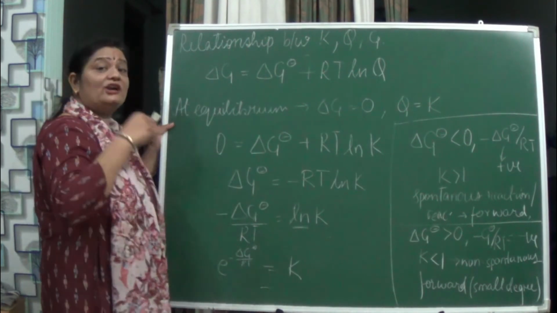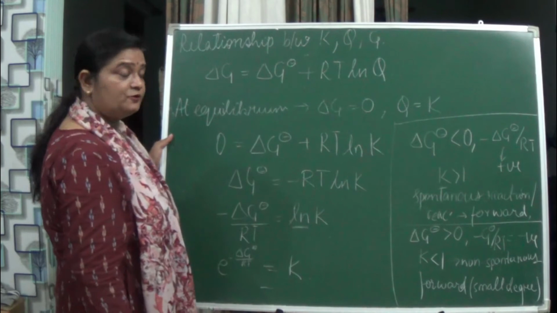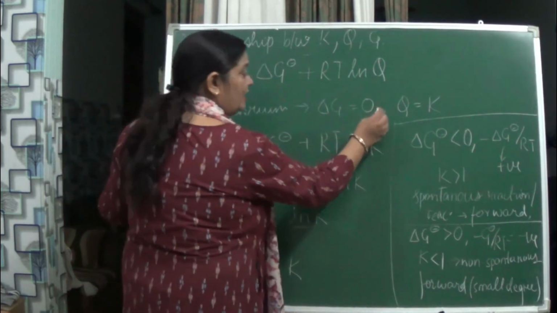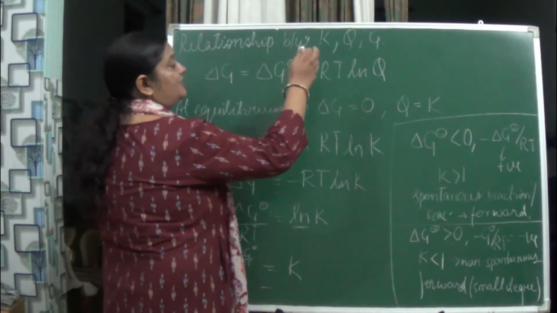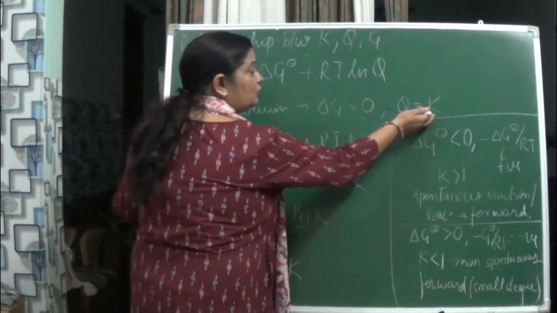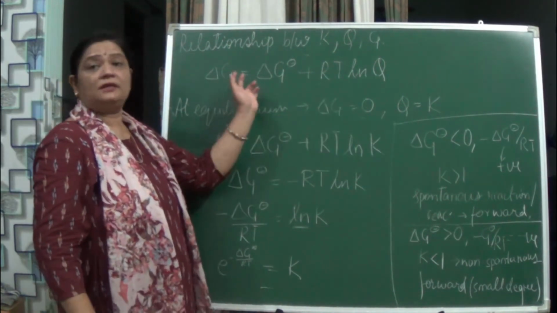Okay, so at the equilibrium position what happens? The change in Gibbs free energy, its value is 0, and we all know that at the equilibrium position the reaction quotient is equal to the equilibrium constant.